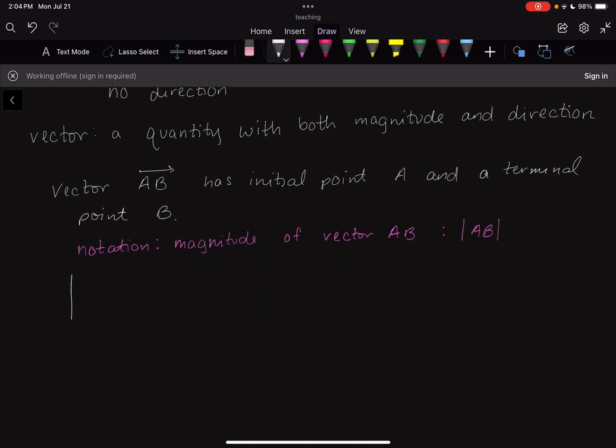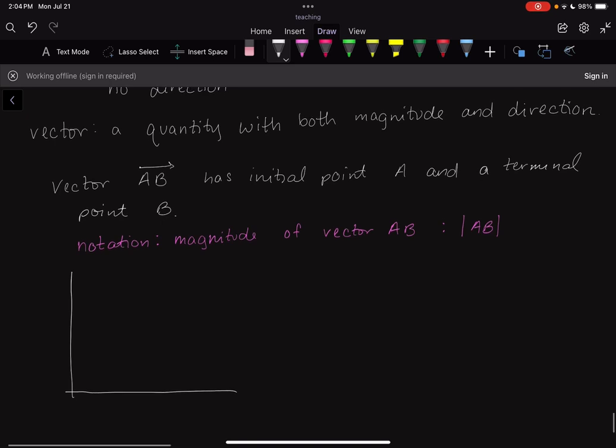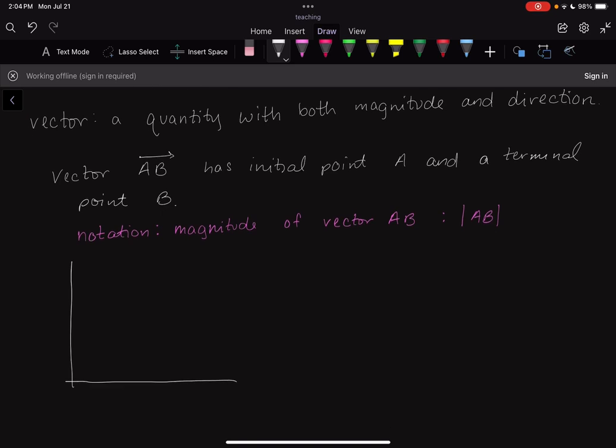So I'm going to draw something for us. Let's say this is our x-axis, this is our y-axis, and we have some vector going through, let's put it right here.